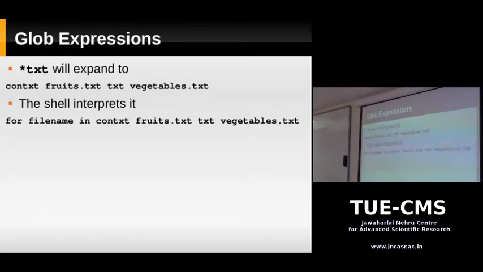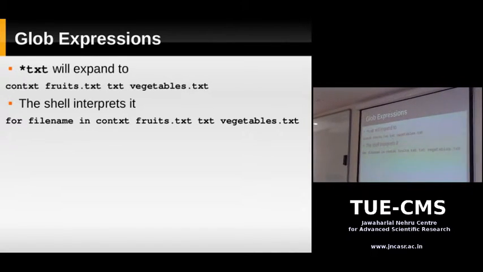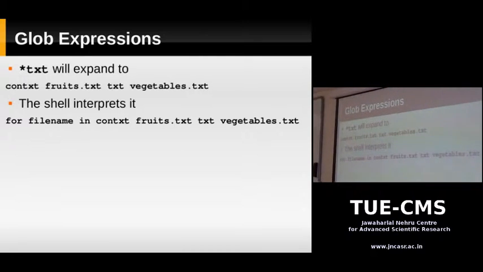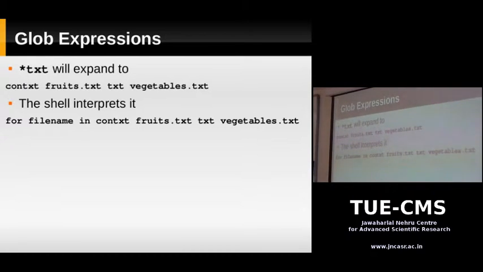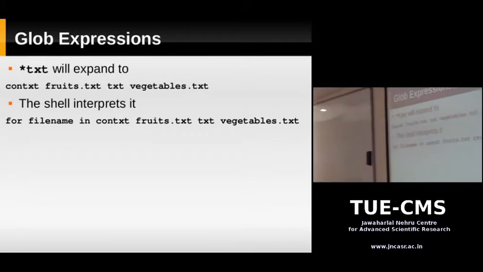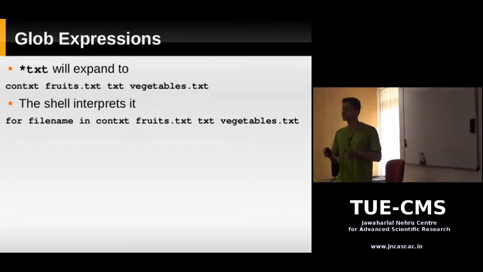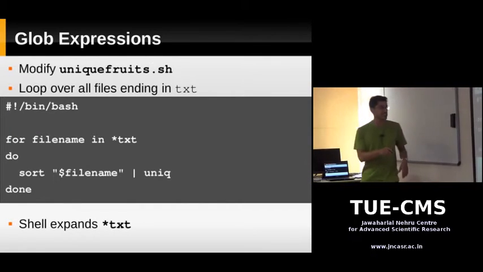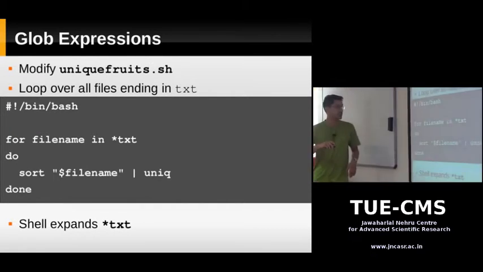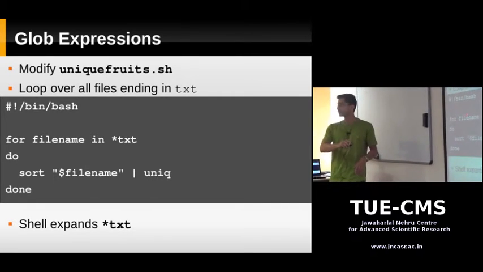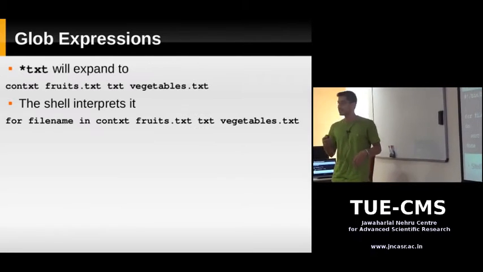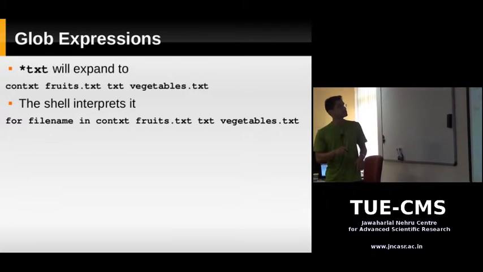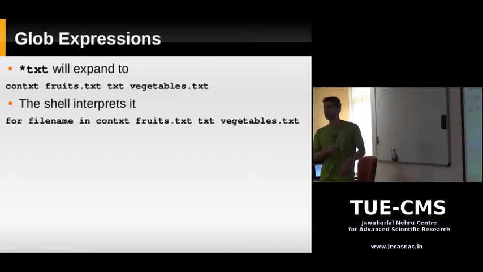Now you'll notice that even the file name just txt also matches. So like I said earlier, the star matches 0 or more characters. So in this case, it matched 0 characters, so no characters followed by txt. That's just plain txt. Now once this is expanded by the shell, the effective for loop line seen by the shell looks like this: for filename in, and whatever *txt expanded to.